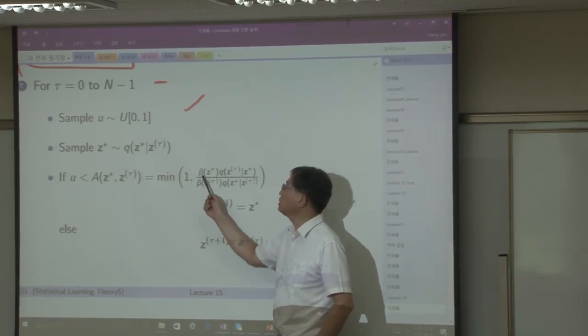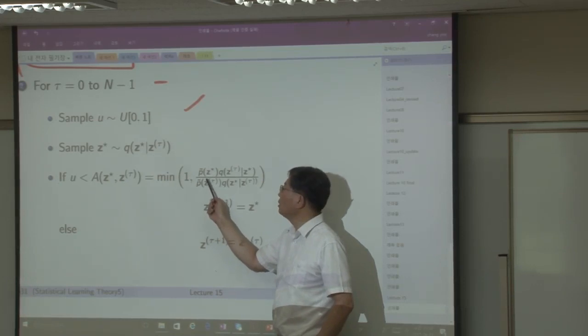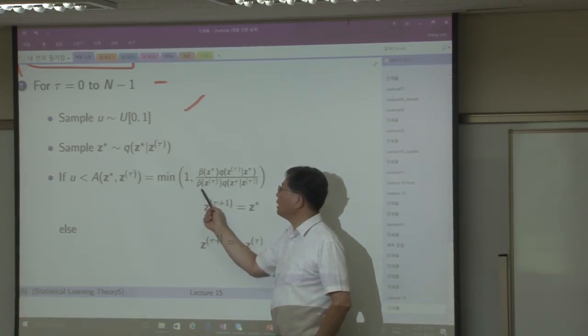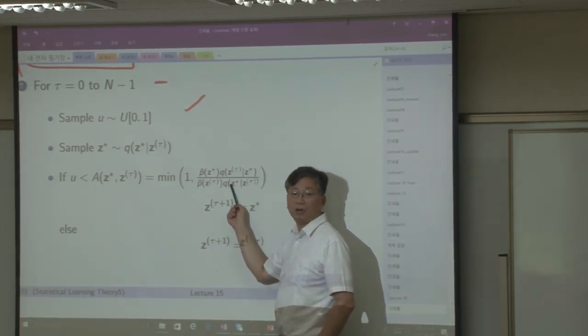So I don't need to know the normalization distribution. The bottom says I'm going from P z tau and then I transition to z star.